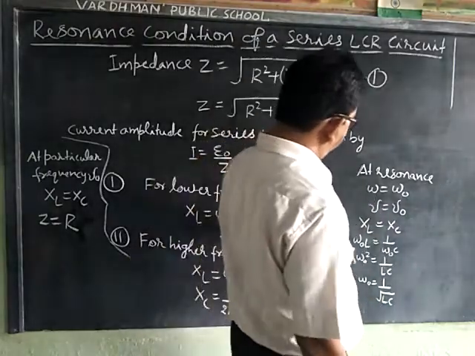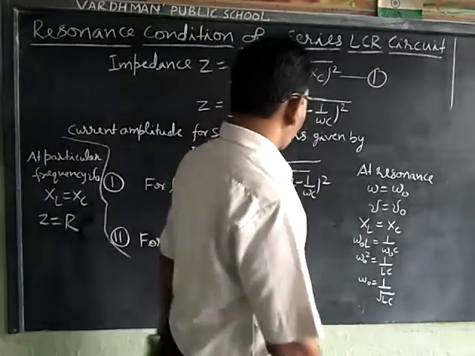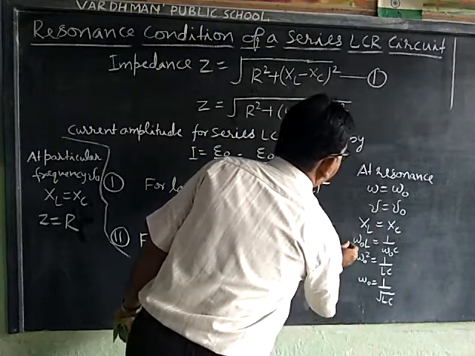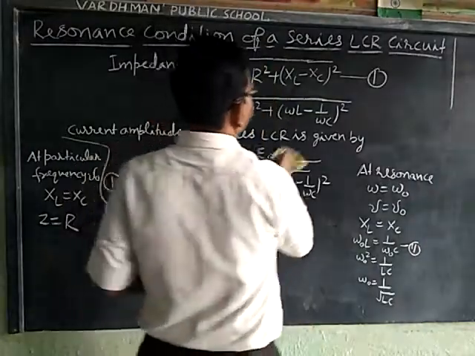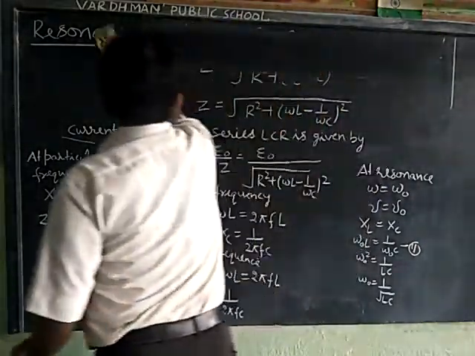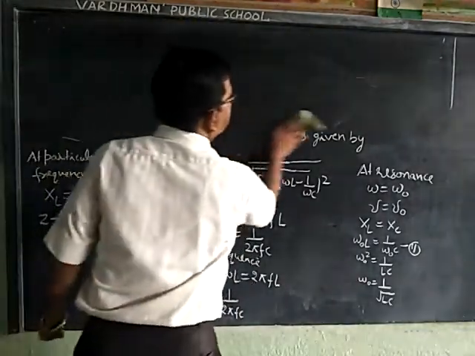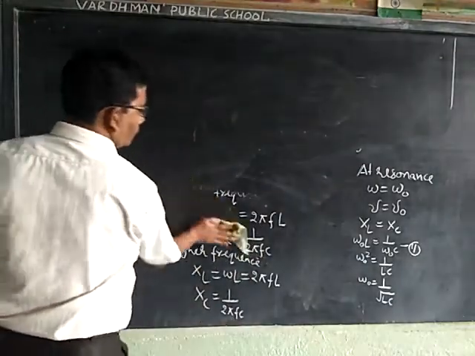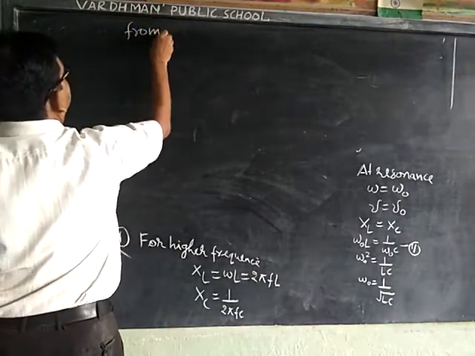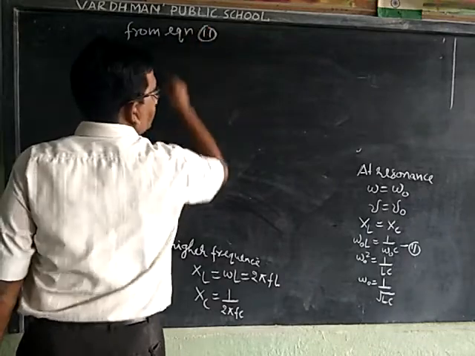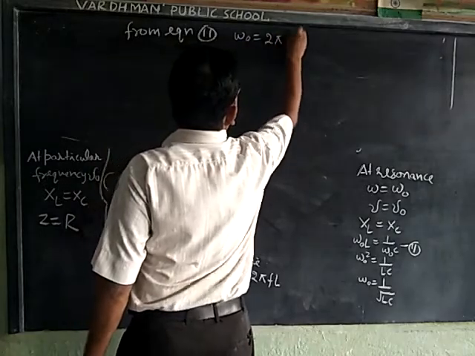Now in place of omega 0 we can write 2 pi nu 0. Omega 0 is equal to 2 pi nu 0.